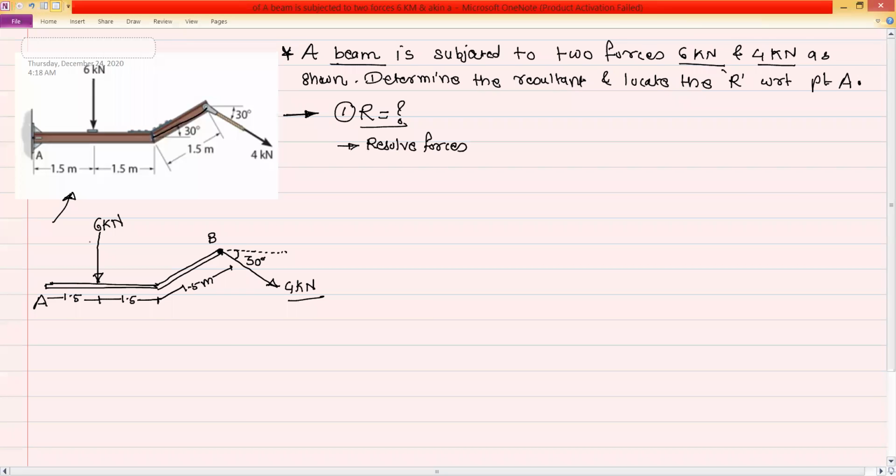So if you observe this 6 kilonewton, it is exactly acting vertically downward. So it is on the y-axis. Okay. So there is no need to resolve the 6 kilonewton. But if you observe the 4 kilonewton, it is inclined by 30 degree with the x-axis. So we have to resolve that force along x-axis and along the y-axis. Okay. So let us resolve that force.